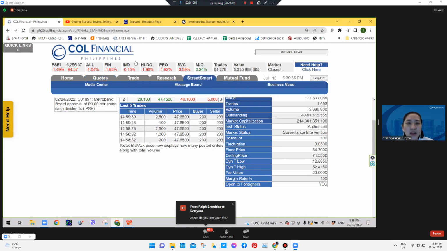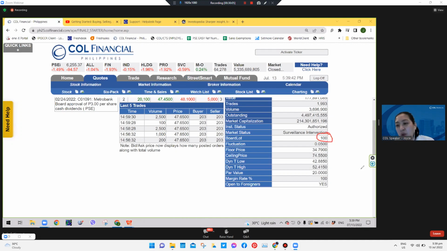Now, why do you have to take note of this board lot? The board lot for Metrobank is 100 shares. That means you can buy in increments of 100. I can buy 100 shares, 200, 300, but I cannot buy 150, 250, 350. It has to be in increments of 100.